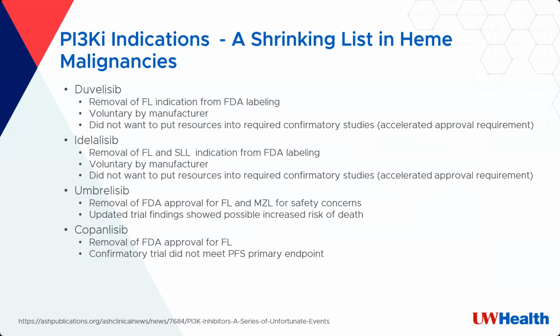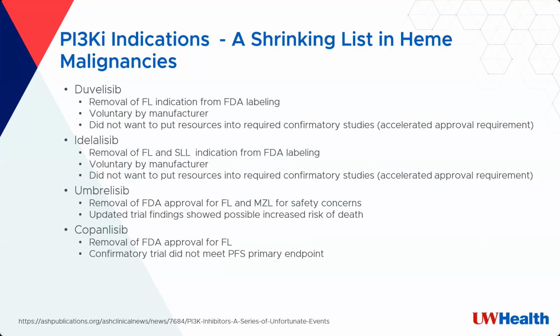Over the last couple of years, we've seen a shrinking indication list for our PI3 kinase inhibitors in hematologic malignancies. A lot of that is because of the high degree of adverse effects occurring with these agents, and the FDA requiring more confirmatory studies for safety purposes.